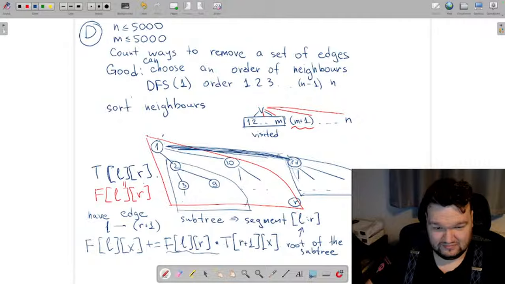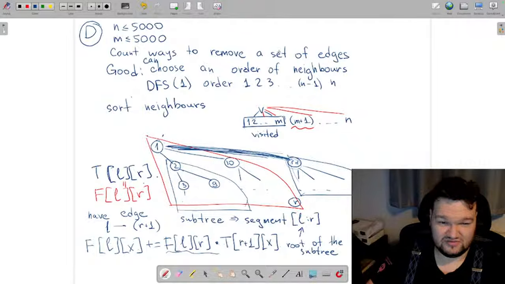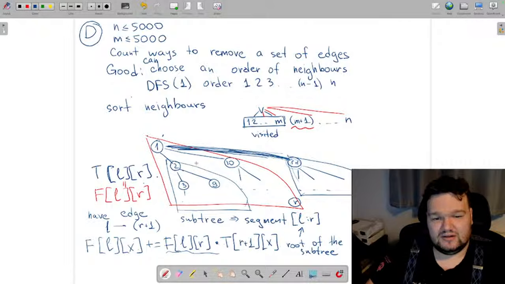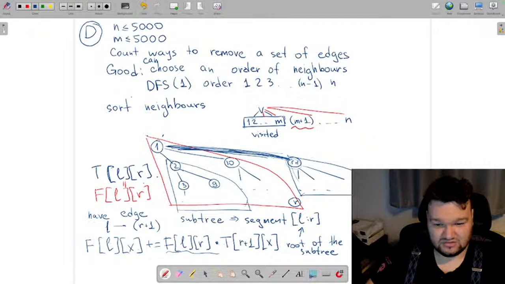We can now count what we need, the number of sets of edges to remove. My way was to say that we will consider edges to be removed that are only inside the segment LR.